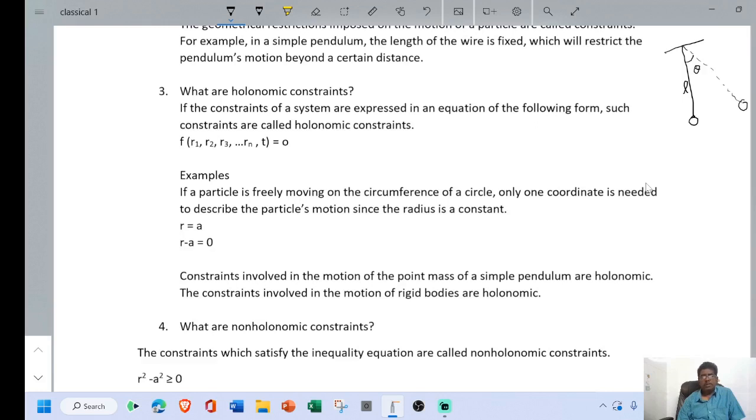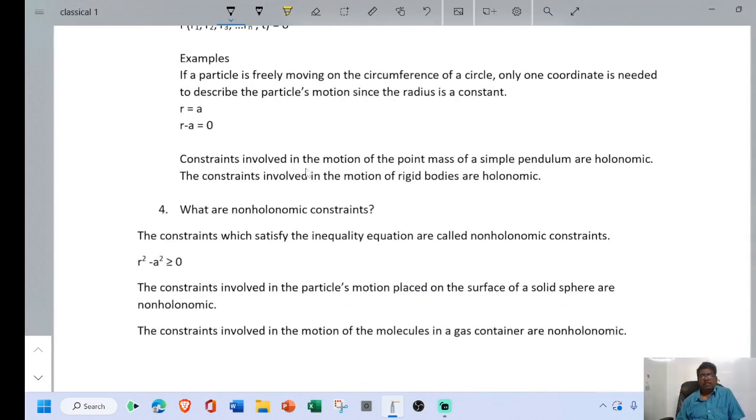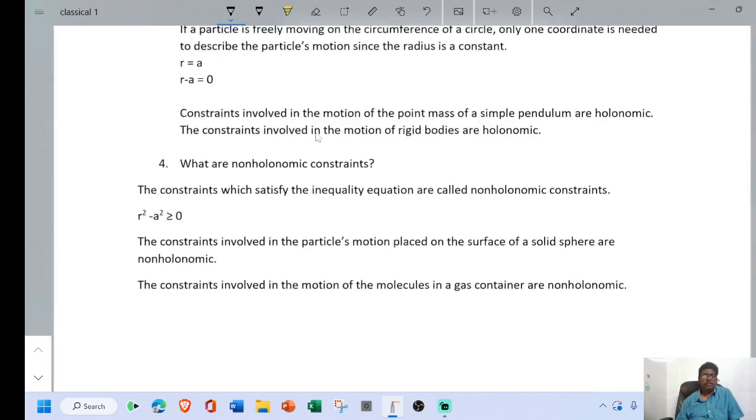See this, we have an equation of this form. So this is an example for holonomic constraint. Constraints involved in the motion of the point mass of a simple pendulum are holonomic. The constraints involved in the motion of rigid bodies are holonomic. These are all the examples of holonomic constraints.